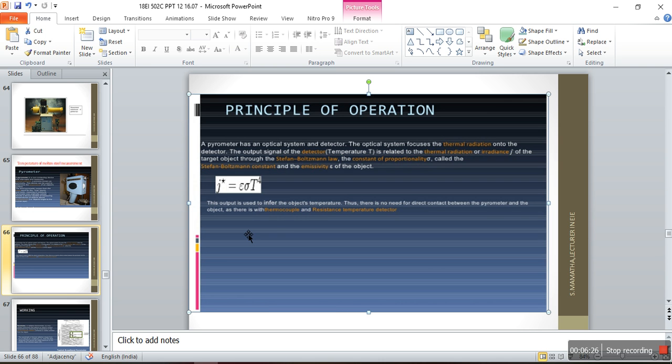Here we are measuring the thermal radiation, which is dependent on the emissivity of the object.